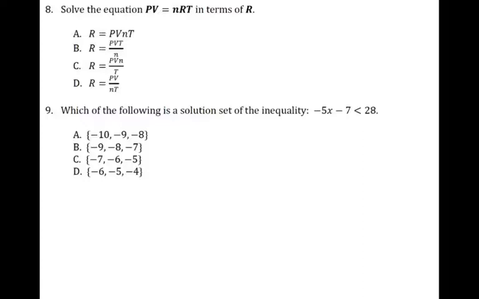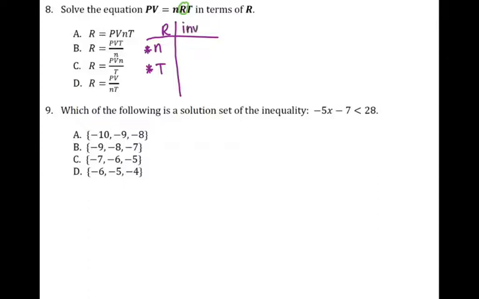Number 8, solve the equation PV equals nRT in terms of R. Okay, so I'm trying to solve for R. In order to solve for R, I really need to understand what is happening to R. So if I look, my R is being multiplied by n, and it is also being multiplied by T. Anytime I'm solving for a variable, I want to undo each one of those operations.